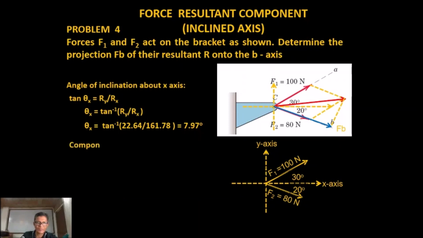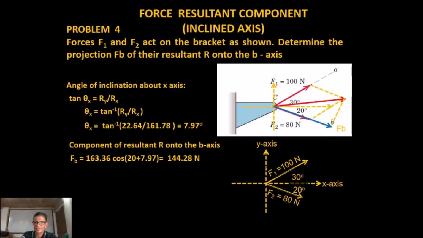Then after that, we can compute for the component of R onto the B-axis, which is equal to FB, then cosine of the angle of inclination with the B-axis. So that will be equal to 20 degrees plus yung theta na nakuha natin, 7.97 degrees. So therefore, FB is equal to 163.36 cosine of 20 plus 7.97. And that is equal to 144.28.